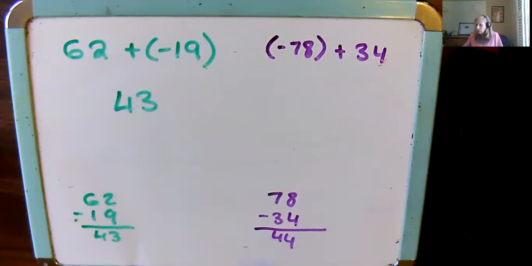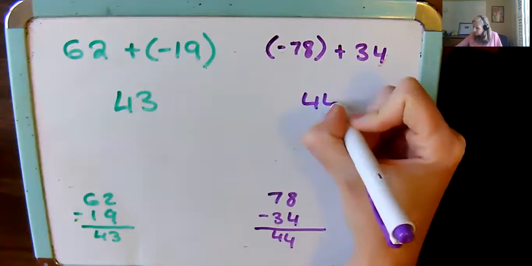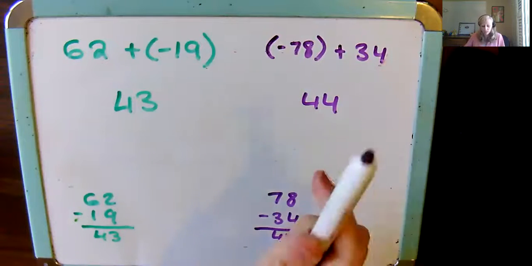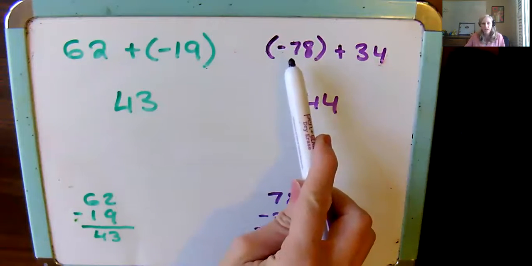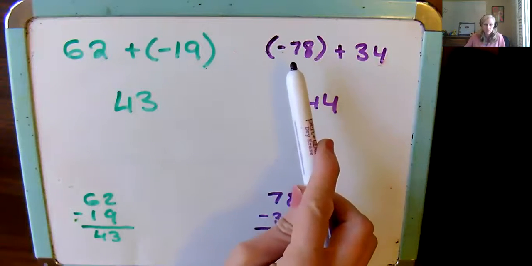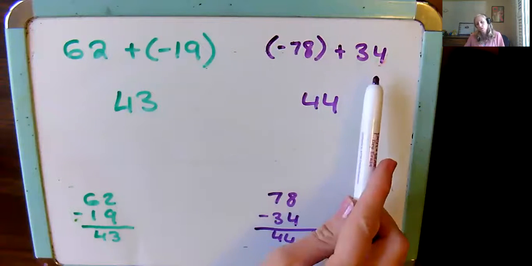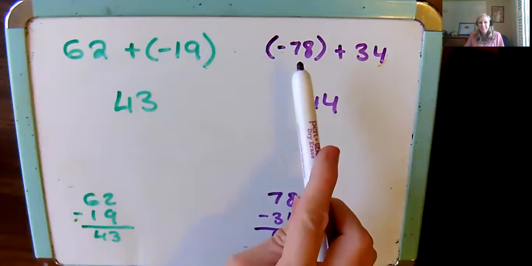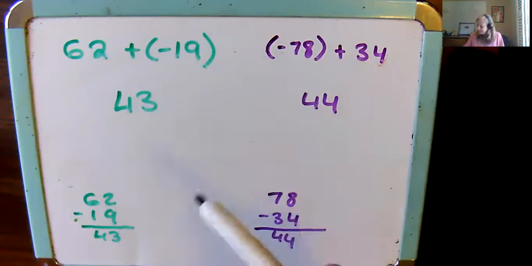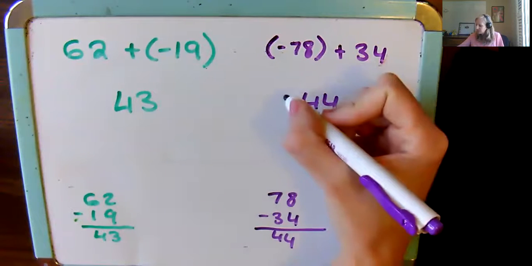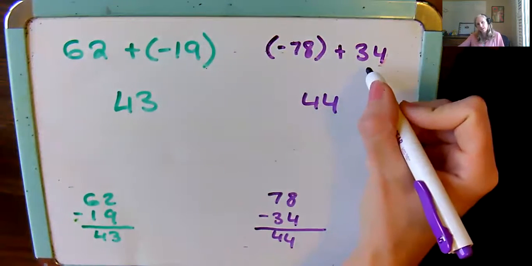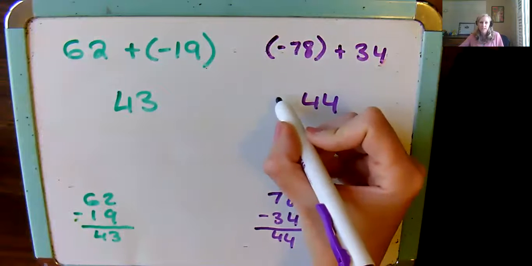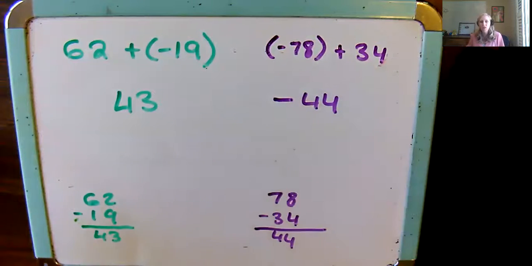This gives you 44. But ask yourself, would you rather have 78 days of summer vacation or only 34 days of summer vacation? Negative 78 is bigger, absolute value-wise, than positive 34. So we're going to keep the sign of the bigger one. Your answer would be negative 44. Okay, good job.